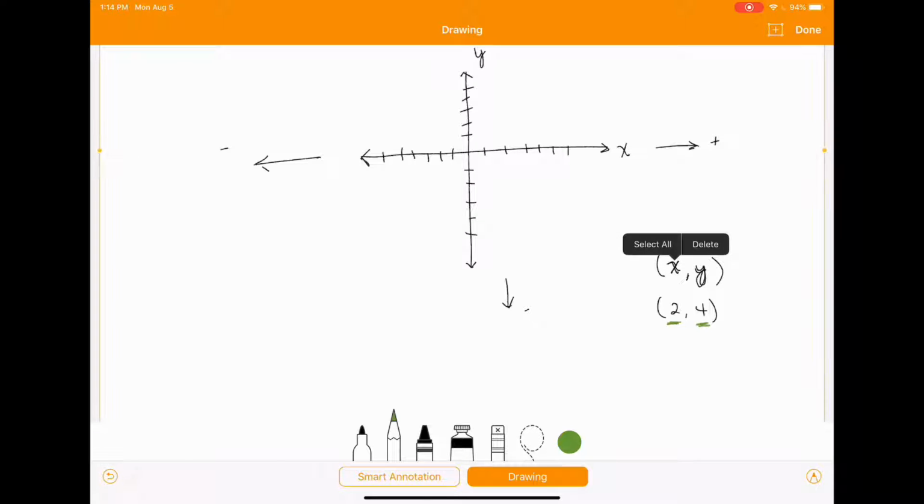So positive 2, so 1, 2, and then positive 4 in the y direction. 2, 3, 4. And then wherever these lines intersect, that's where you plot your point. So again, over 2, up 4. And again, you can remember that because x, comma, y. X comes before y in the alphabet. So on your x, you go first and then next to your y.